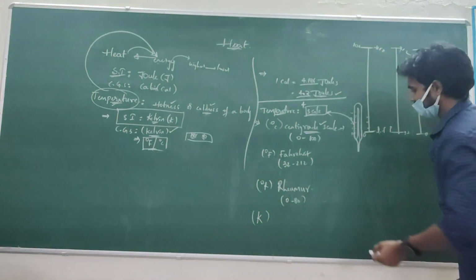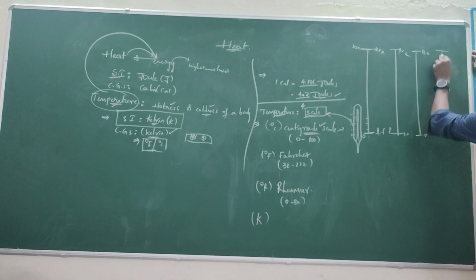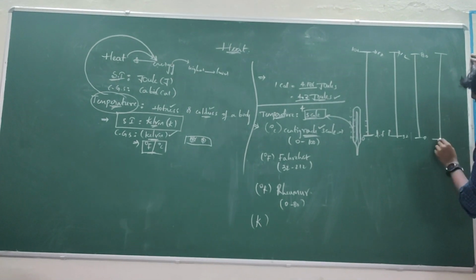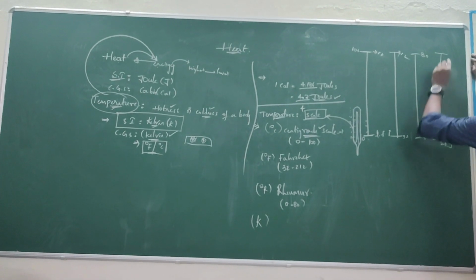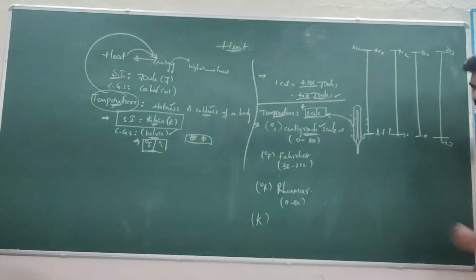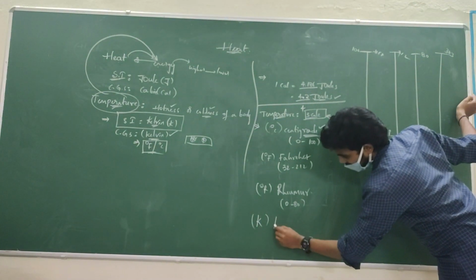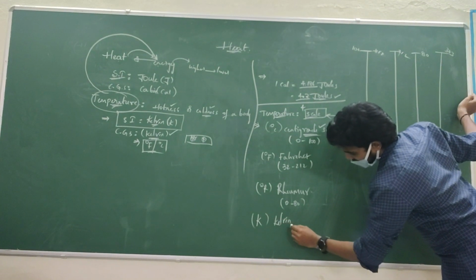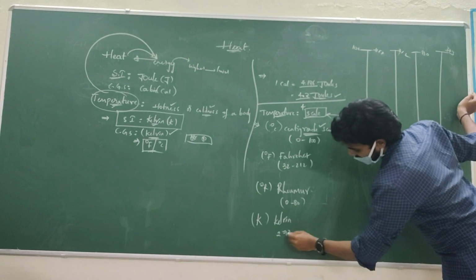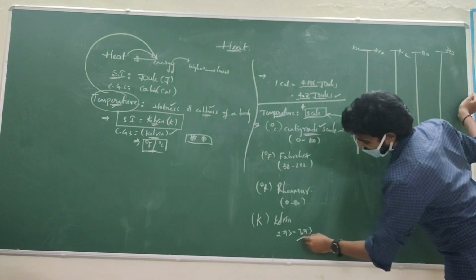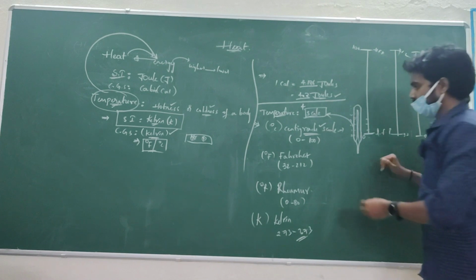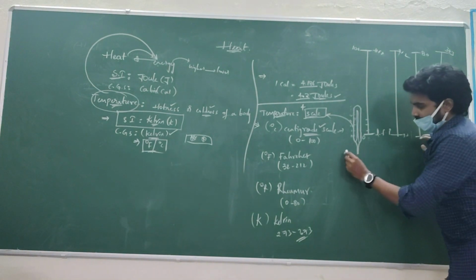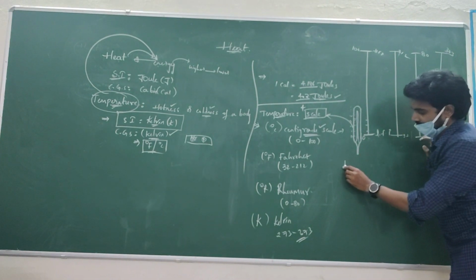You don't mention it. So the Kelvin scale begins with 273 and ends with 373. Right? So now in examination, they might ask you problems.